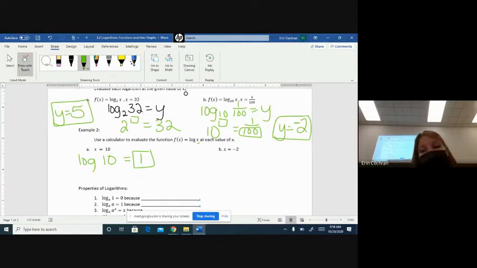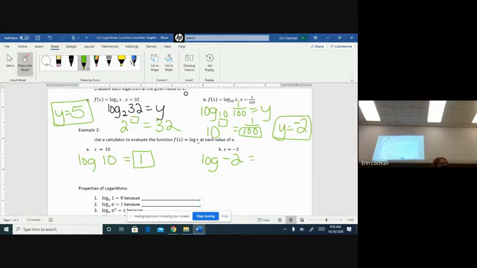All right, now here, log of -2 equals what? So 10 to what power would get me to -2? Well, type it in your calculator. What's log of -2? It's error. Why is it error?